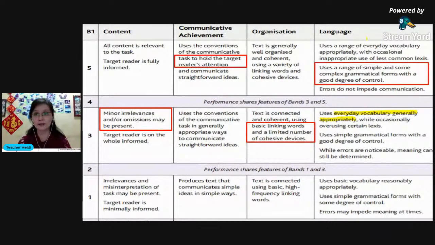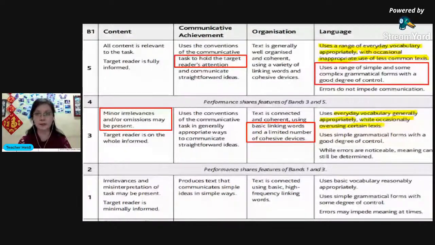There is a range of vocabulary used appropriately, but this one has occasionally inappropriate use of less common words, like what teacher said, there's a wrong choice of words. While this one says occasionally overusing certain lexis. So sometimes it will be in between. If you're in between, most probably you will score a 4.